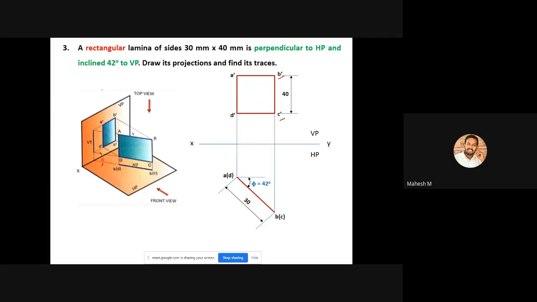So this is our problem, and also with that we have to mark the traces, to draw the projections and find its traces. Since it is inclined 40 degree to VP, you can project this inclined line up to the reference line.